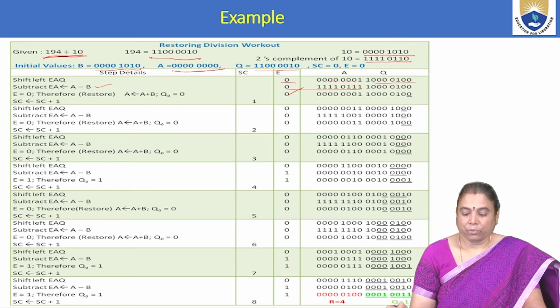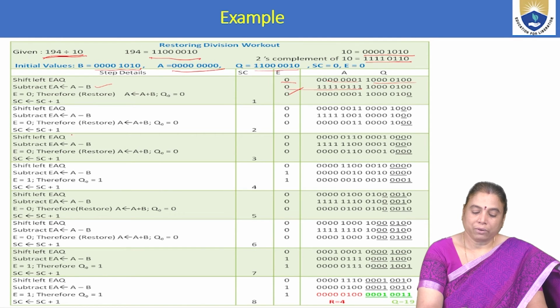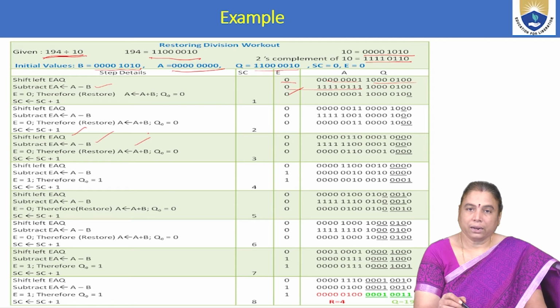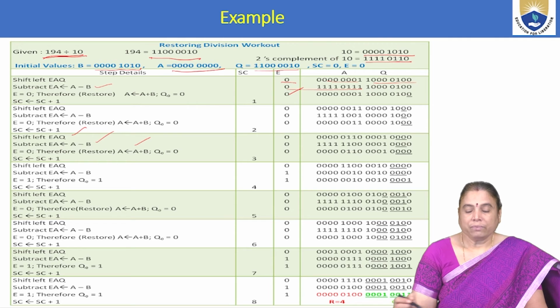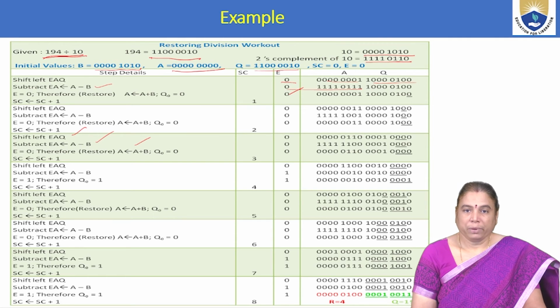So the sequence counter reaches the number of bits present in the dividend. These steps are performed: the shift left operation, the subtraction operation, and comparing E to see whether the trial subtraction is positive or negative. The steps are repeated until the count in the SC counter is equal to the number of bits in the dividend.